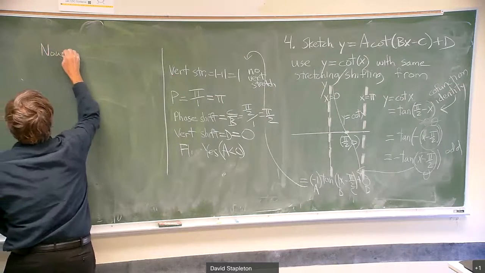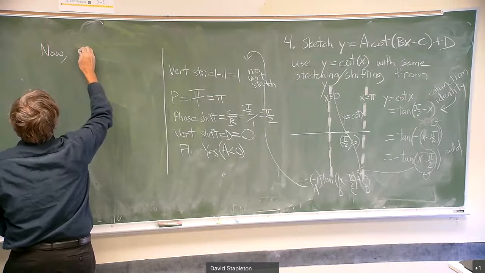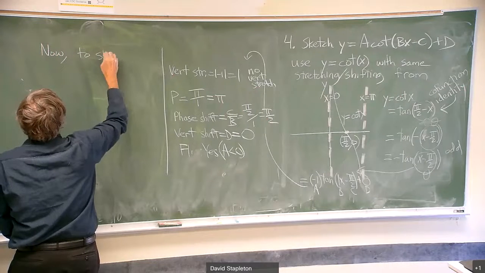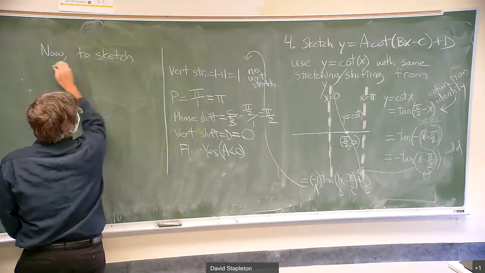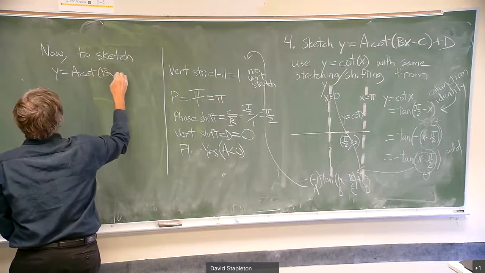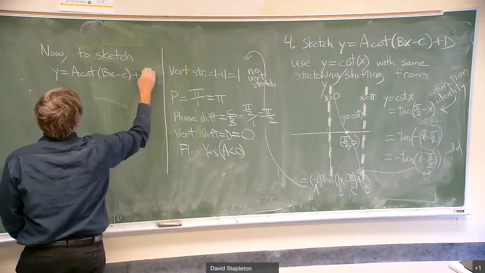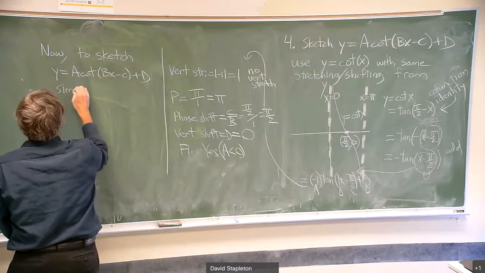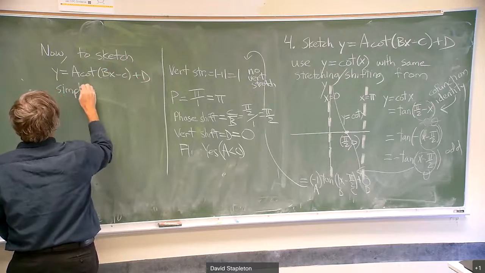Now, once you know that, to sketch the desired kind of graph, y equals a cotangent bx minus c plus d, simply shift and stretch this basic graph of cotangent.